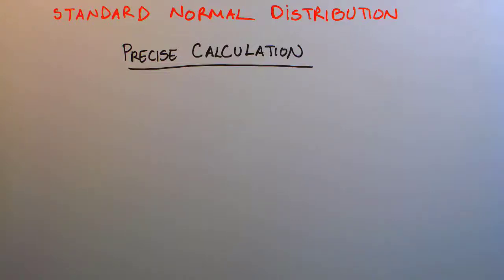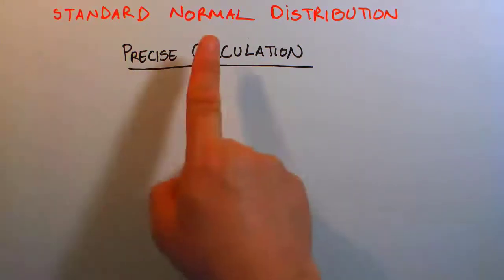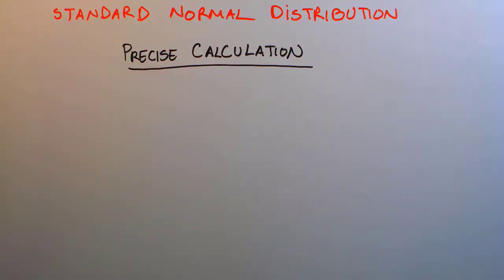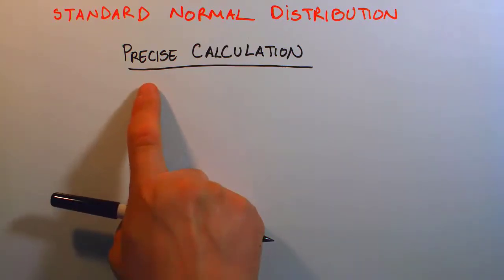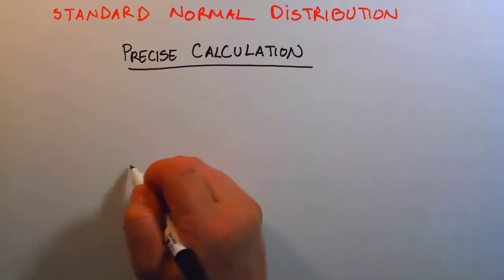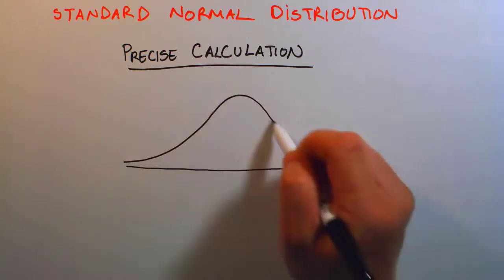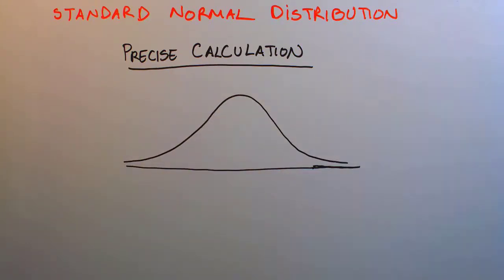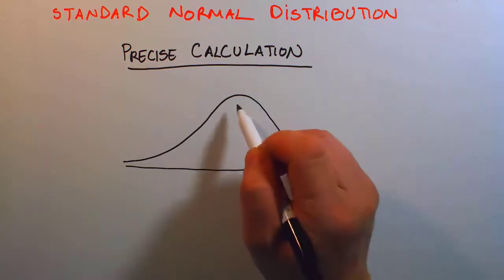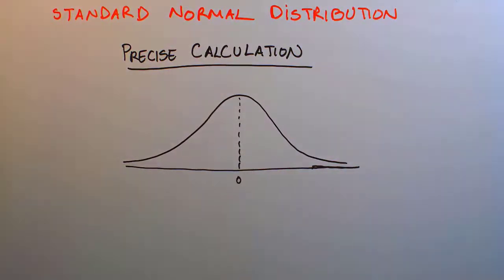All right, so let's now learn about how we can do a precise calculation when we're working with a standard normal distribution. The reason we're studying this method is that when you're on a normal distribution, or specifically a standard normal distribution, the empirical rules we have learned have a limitation.